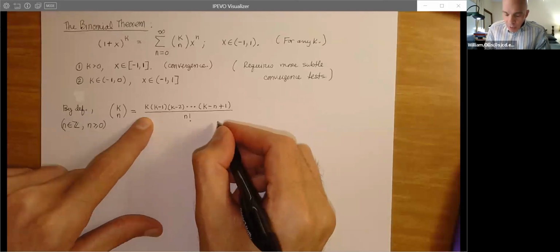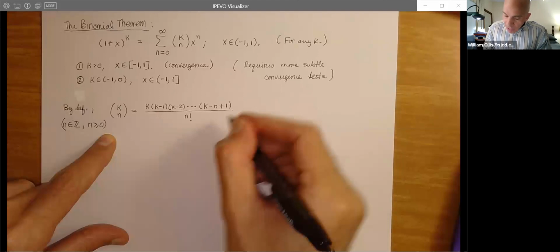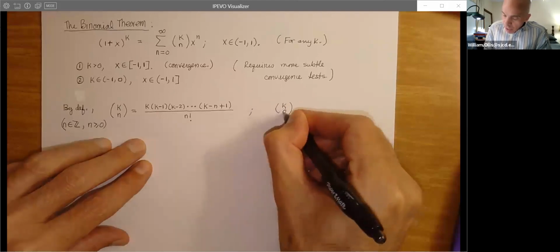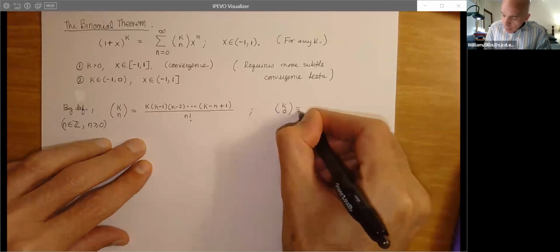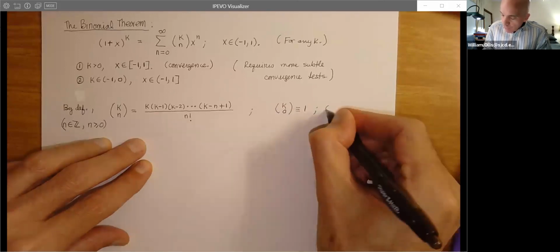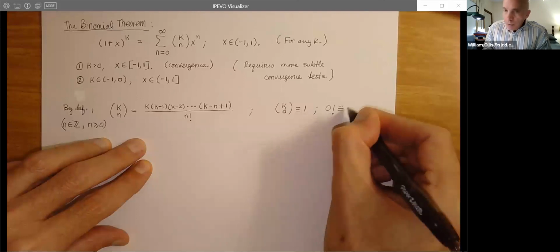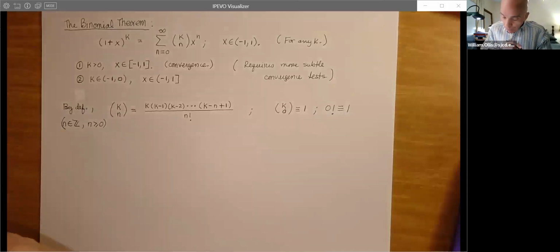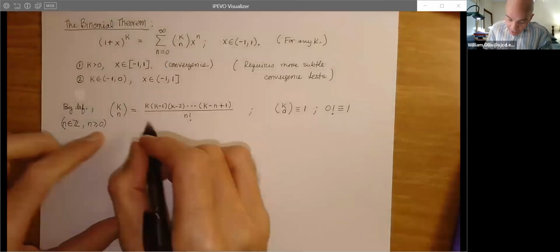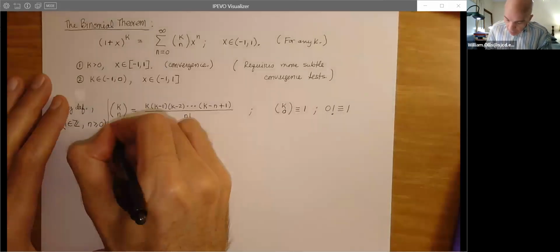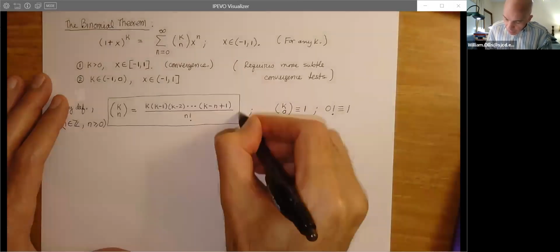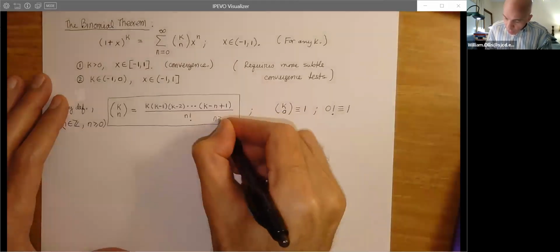So what we see here, normally we try to preserve this for the case n greater than or equal to 1, because if we have k choose 0, we define this to be 1, since we're going to think of 0 factorial as defined to be 1, just to keep division by 0 out of the way. But when we write this, it's usually most convenient to think of n greater than or equal to 1.